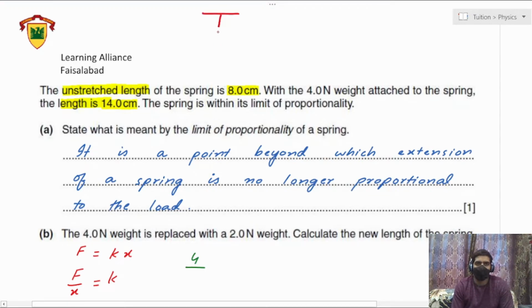You had a spring, and the length of that spring was 8 centimeter. Let's write 8 centimeter over here. Now, once you added some load on that, the spring extended a bit.